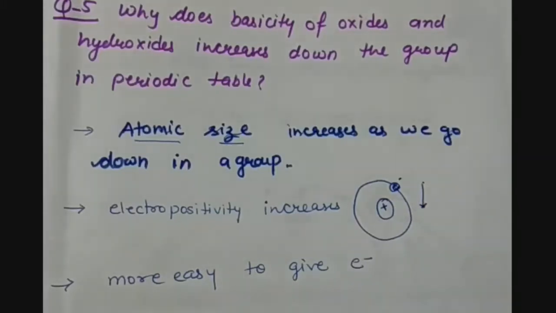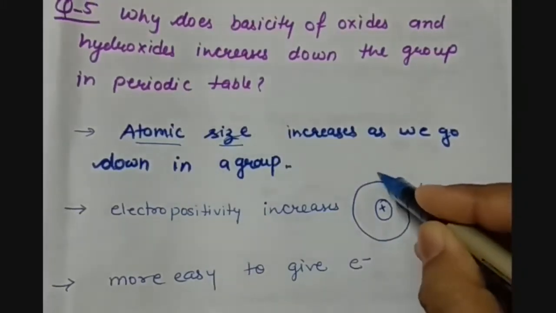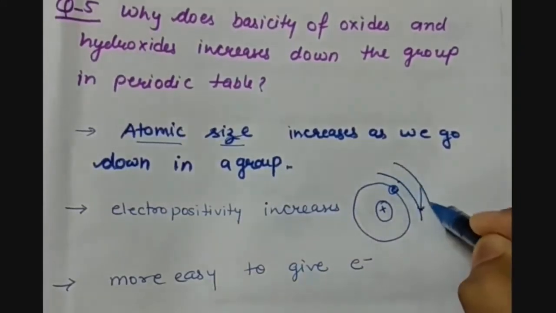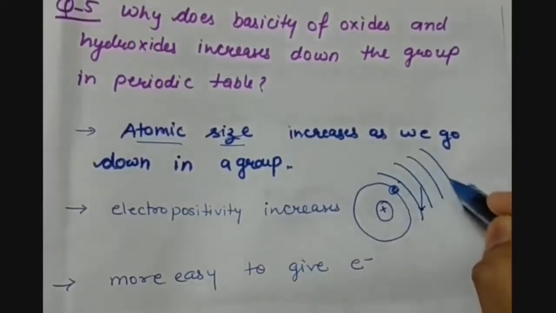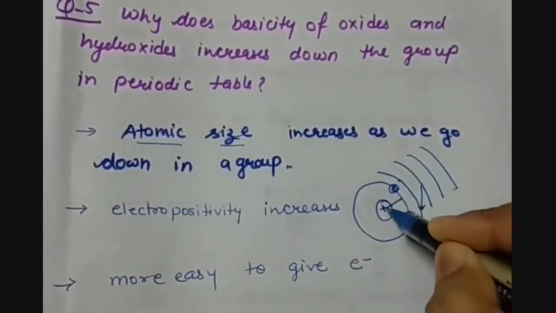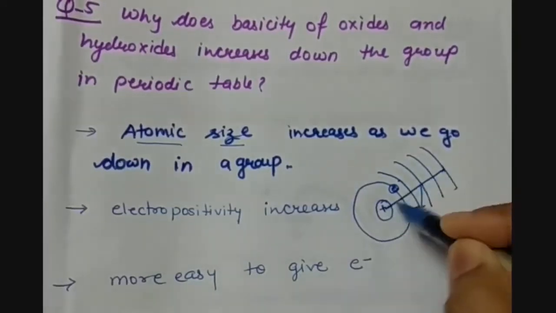And if we increase this size as we go down in a group, then suppose we have more number of orbits. So this is the radius. Now this radius has increased to this much.